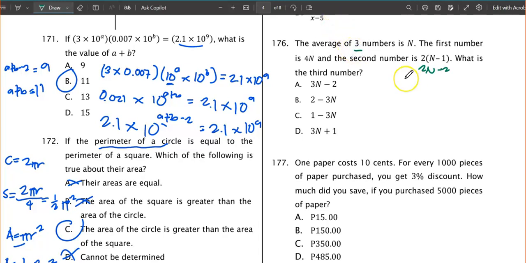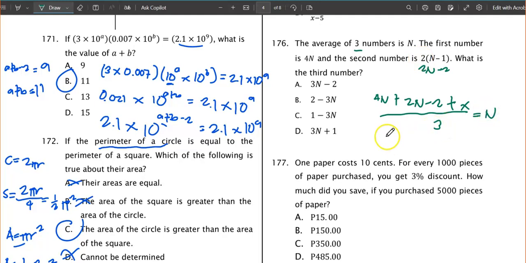Here we have three numbers. So we're going to write the first number, which is 4n, plus 2n minus 2, plus the third number, which we don't know, so we're going to name that x. This is over 3, and this is equal to n.